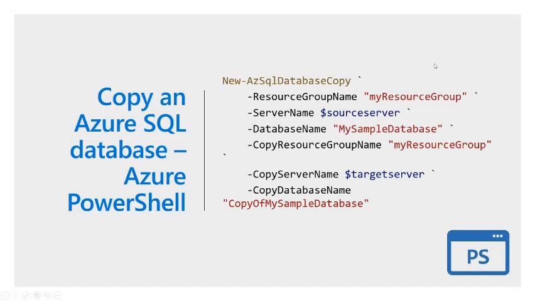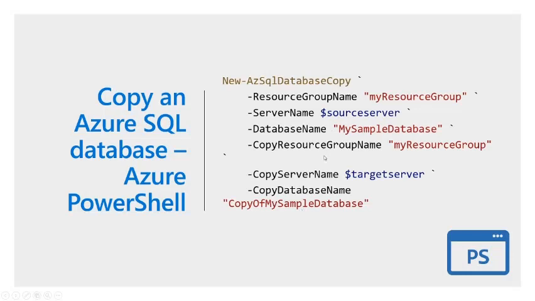In my example here I put the same resource group for the copy resource group name and resource group name, so it's within the same resource group. Then the copy server name and the target server name. So this is the source resource and database name, and this is the target resource group, target server name, and copy database name, a copy of my sample database with this name.